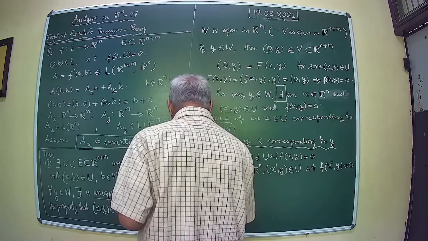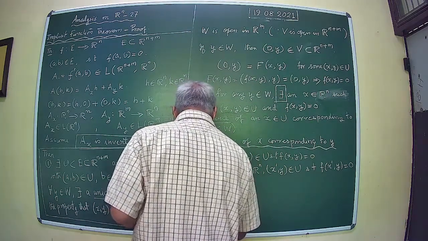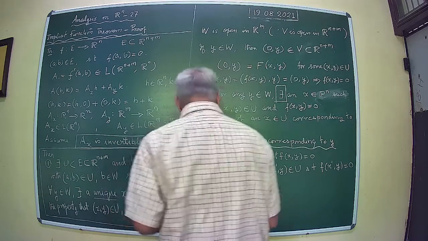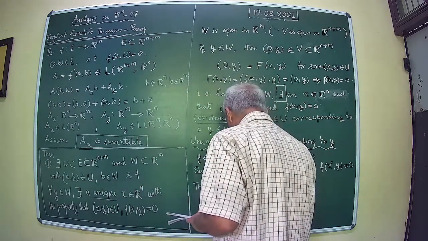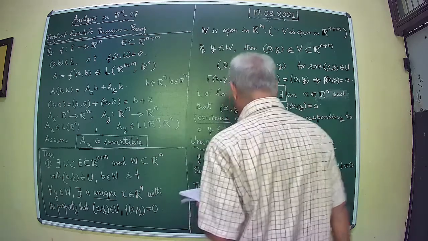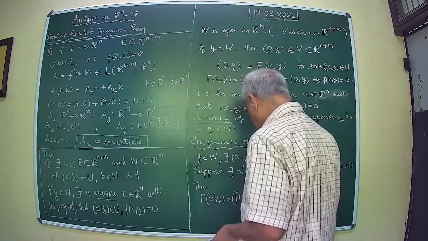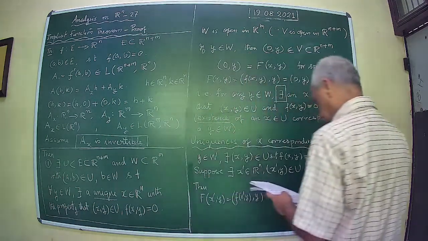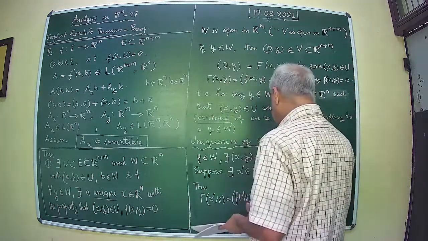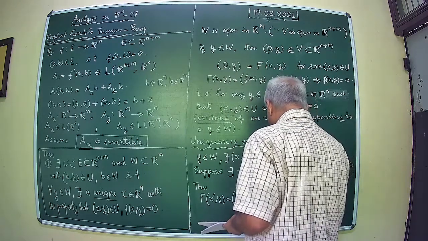Then what do you have? Then we have f of x prime y, and this is 0.